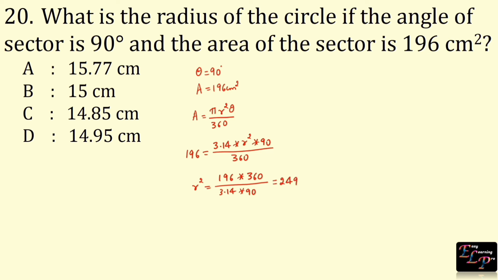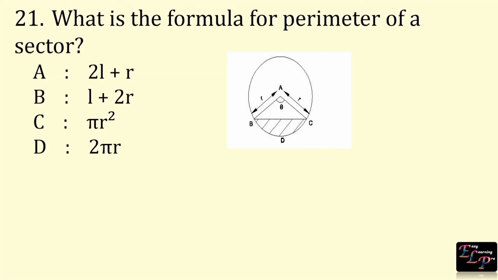We have to find R, which is equal to square root of 249. Square root of 249 is 15.77 centimeter. So the radius is 15.77 centimeter. What is the formula for perimeter of a sector? Answer is L plus 2R.